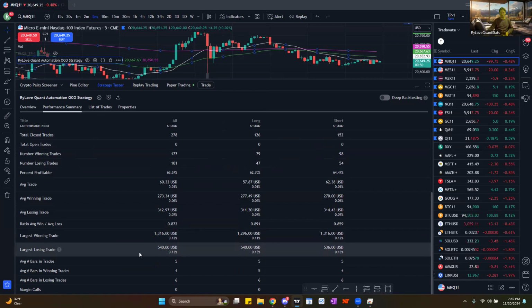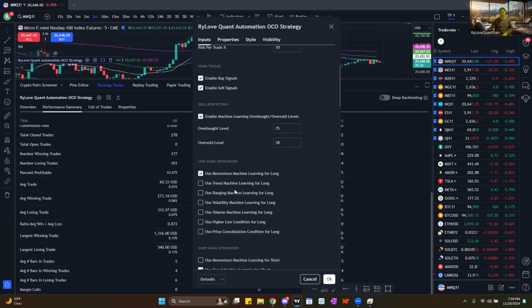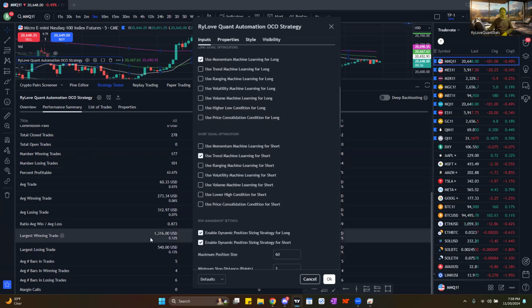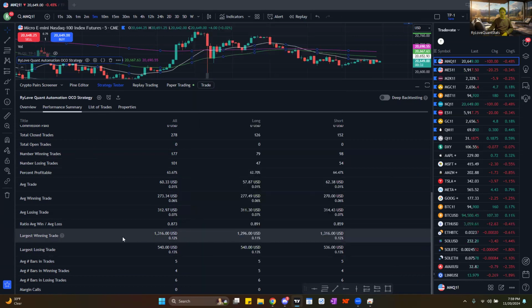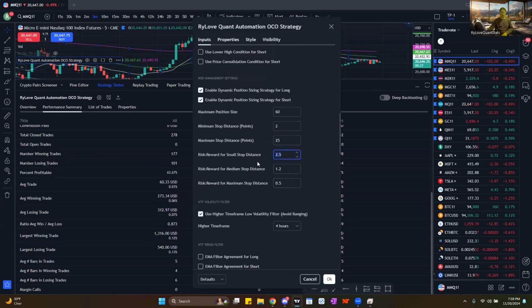Our largest losing trade was twice the size of our preset limit. So we're risking 250, and we want to see it right at that double since we have these clicked on. We also want to see our largest winning trade is the 2.5R that got doubled in position size.